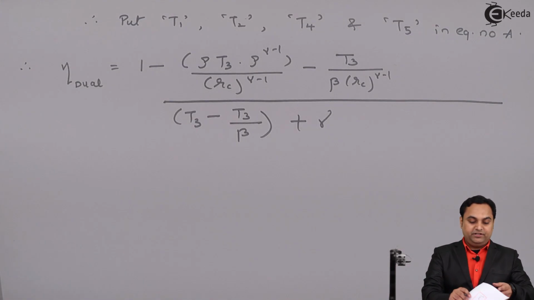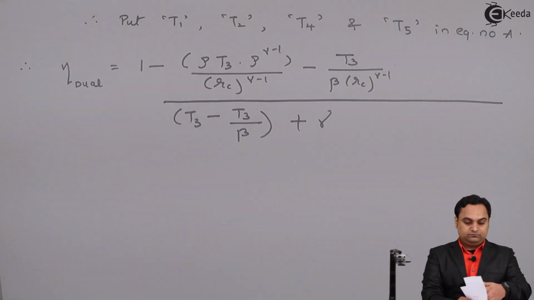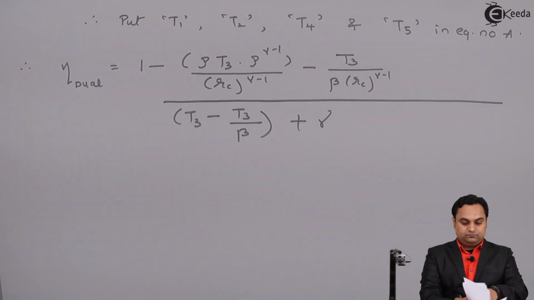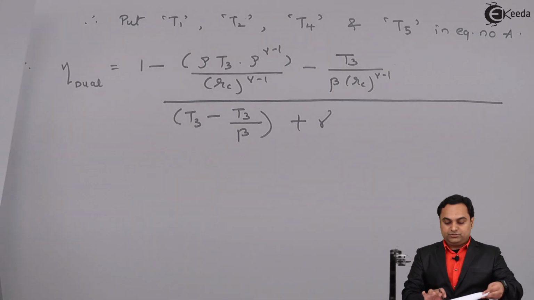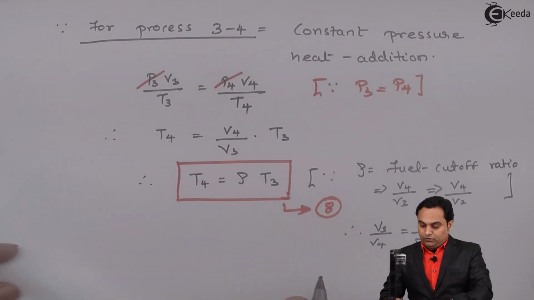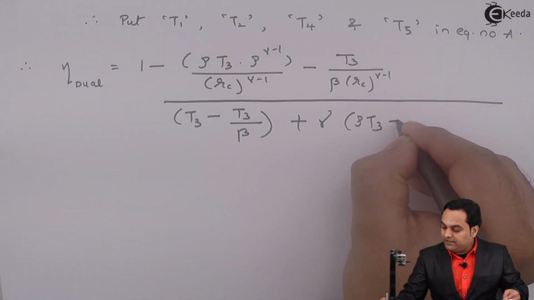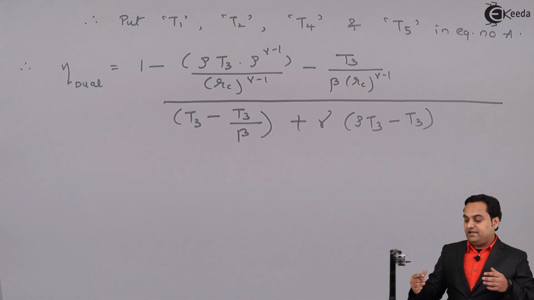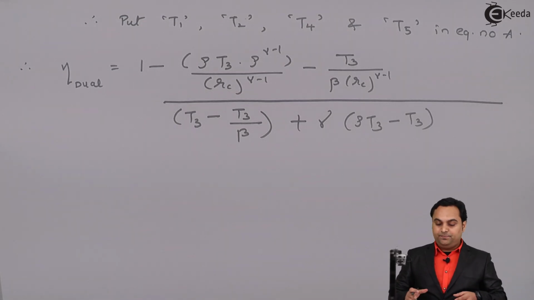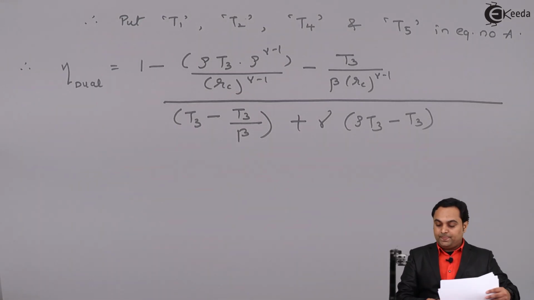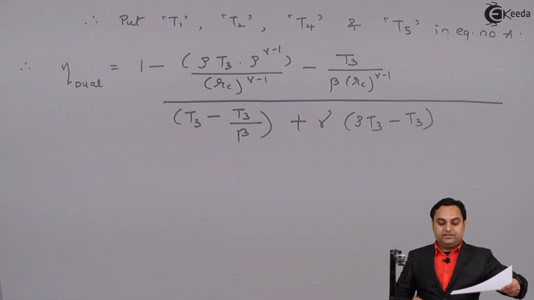So I'll put the value of T4, and T4 was rho into T3 minus T3. As I explained at the start, I am keeping all the temperatures in the form of T3, and that is the hint.